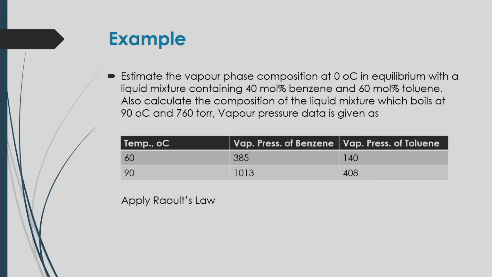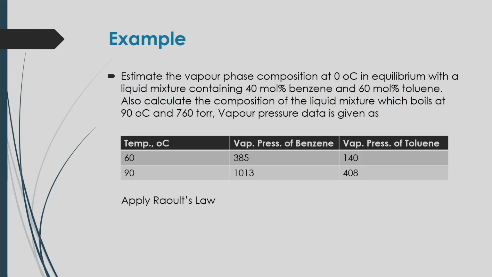Now, you are told to estimate the vapor phase composition at 60 degrees Celsius in equilibrium with a liquid mixture that contains 40 mole percent benzene and 60 mole percent toluene. Also, you have to calculate the composition of the liquid mixture which boils at 90 degrees Celsius and 760 torr, and vapor pressure data is given to you.